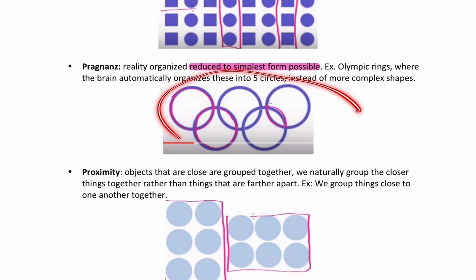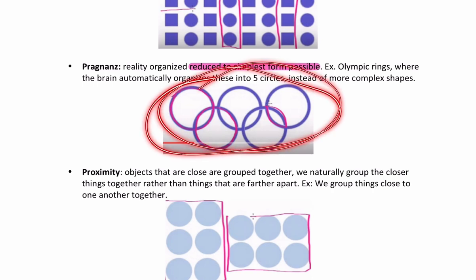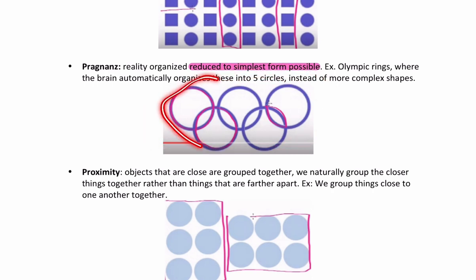No, we see this all as the Olympic rings, because this is the symbol for the Olympics. We're seeing more than the complete shape that it is. We're seeing it as a whole. We know that these five rings signify the Olympics, so we're just looking at Olympic rings. We're not so much thinking about how it's five circles and the way that they're formed and the way that they're together.